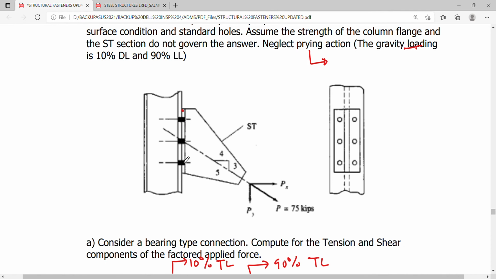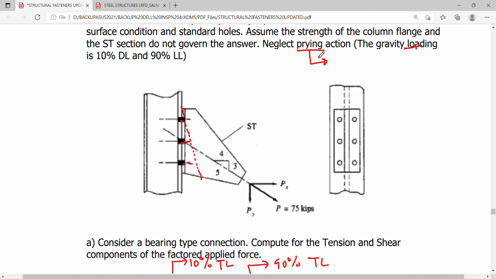So there will be a change in the pretensioning load of the bolt due to the uneven or varied tension, as can be seen if we do not neglect the prying action.